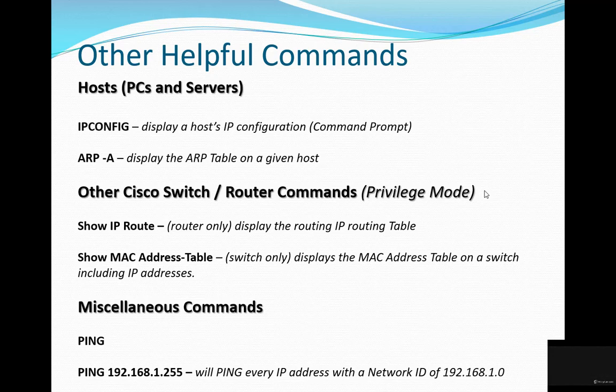This will cause every device in that network to respond, provided it's not blocking pings. Many security packages and security configurations will tell you to turn ping capabilities off. So depending upon how your system is configured, this may or may not work. All right.